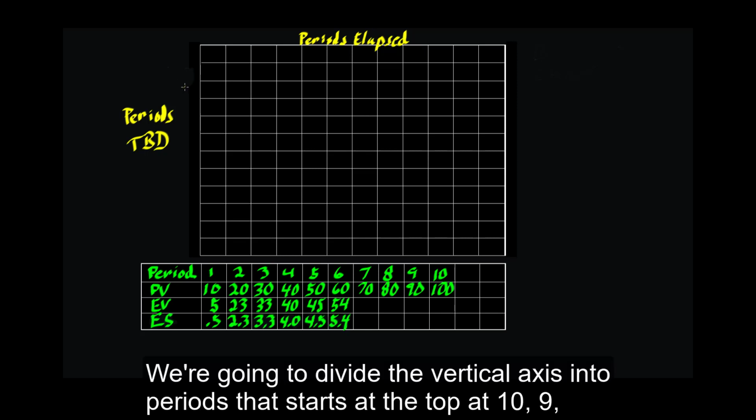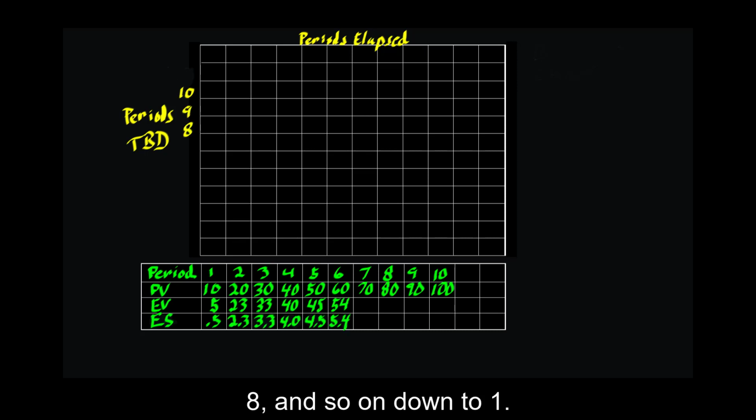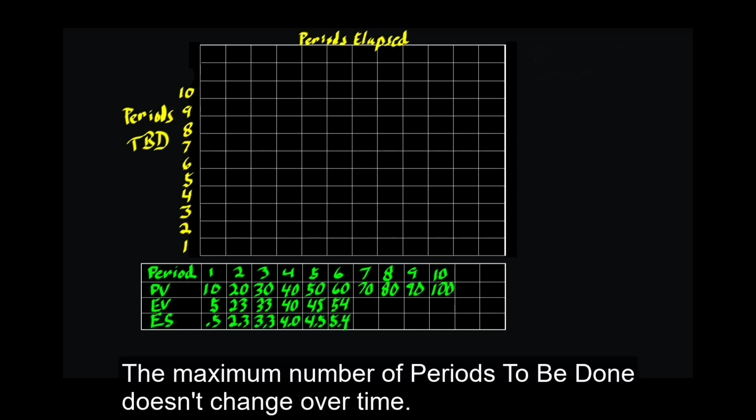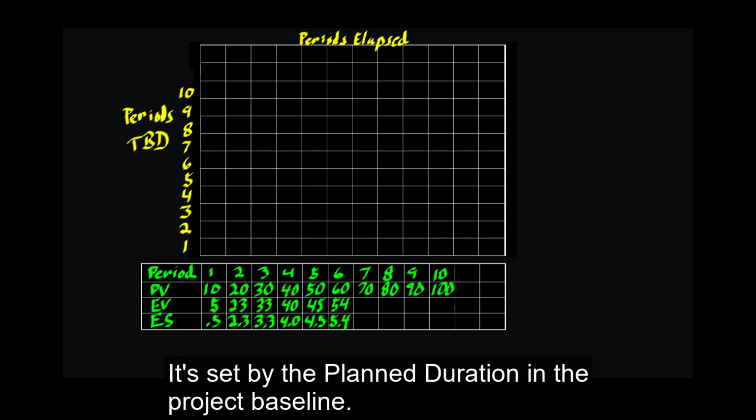We're going to divide the vertical axis into periods. That starts at the top at 10, 9, 8, and so on down to 1. The maximum number of periods to be done doesn't change over time. It's set by the planned duration in the project baseline.